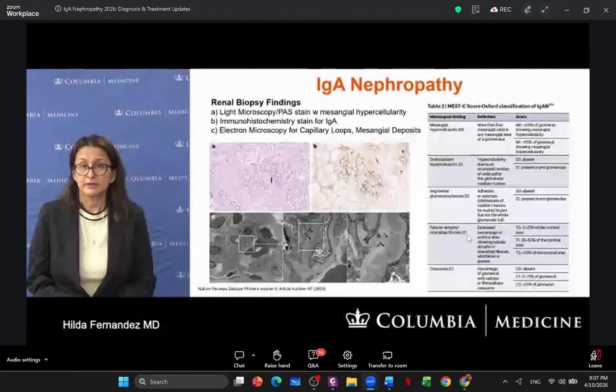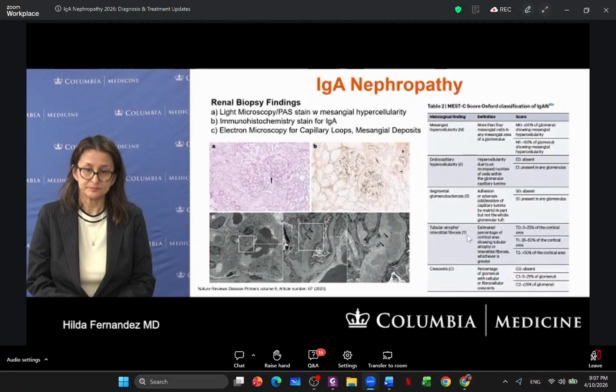And these are then placed into the Oxford classification for IgA nephropathy, with mesangial hypercellularity scored 0 or 1, endocapillary hypercellularity either 0 or 1, segmental glomerulosclerosis either present or not, and IFTA scored from 0 to 50% or greater. And then the presence or absence of crescents is an important piece as well.